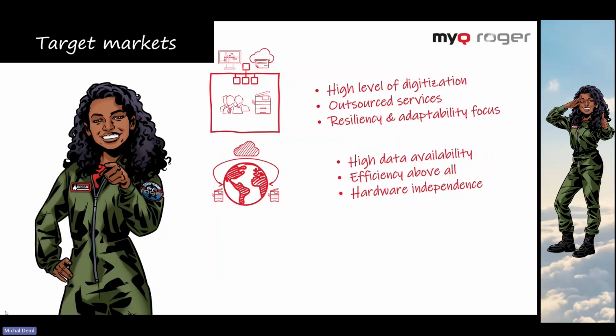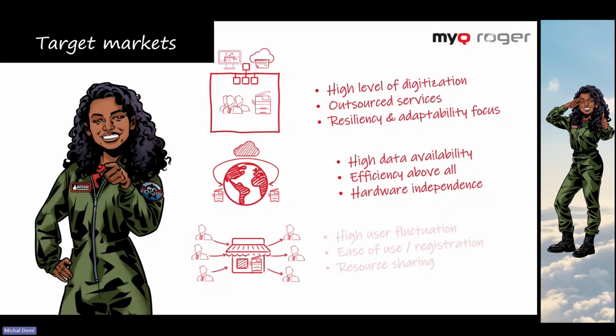Another sort of customers or users MyQ Roger is targeting are users again working in different places of the world. Basically, we can say that it can focus on co-working centers, places with high fluctuation of users, like, for example, even libraries or schools. Basically, places where you just come, register, do your job, and maybe not even return.